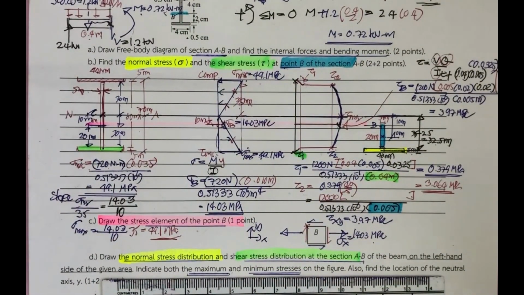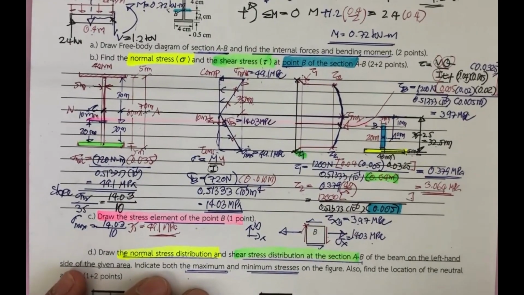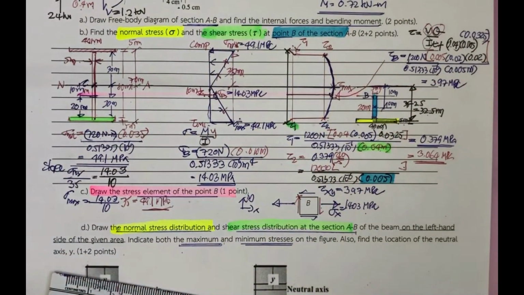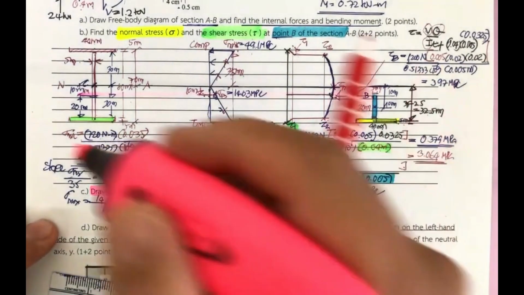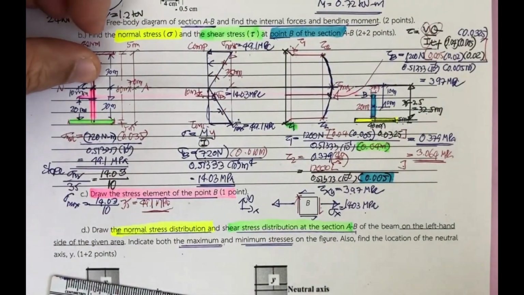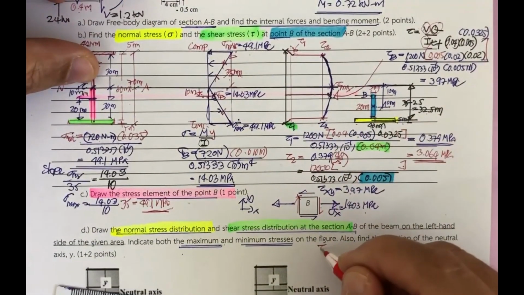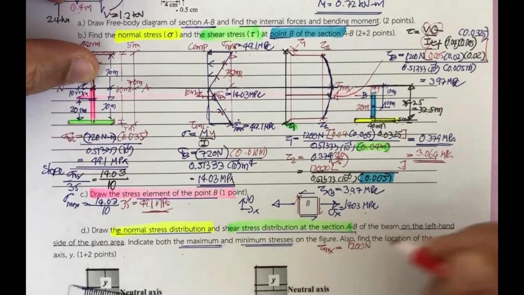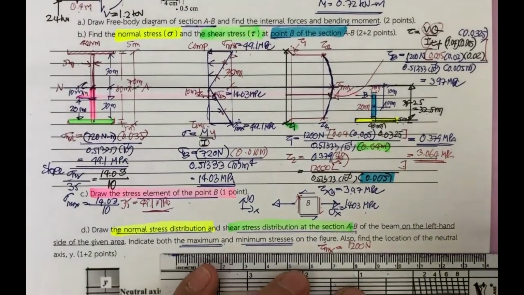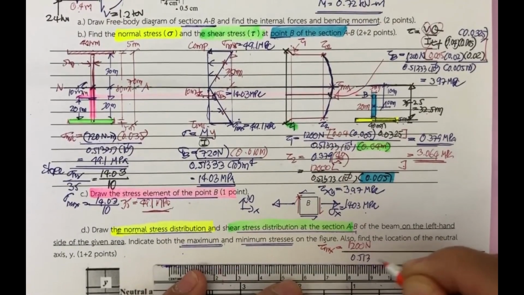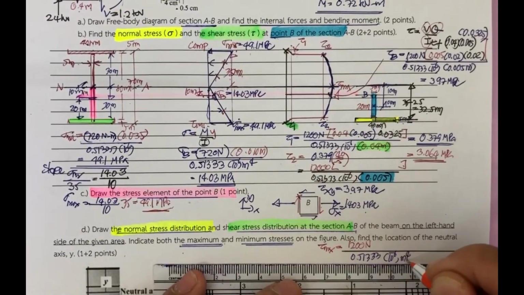Okay, and the last one, we kind of need to compute the tau max. When you compute the tau max, you have to compute based on this total area. Okay, so same thing, tau max still comes from the same thing, V the same 1200 Newton divided by the same thing, the I is 0.51333 times 10 to the minus 6 meter to the power 4.